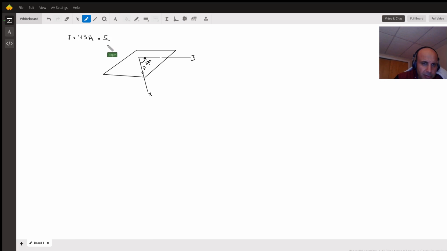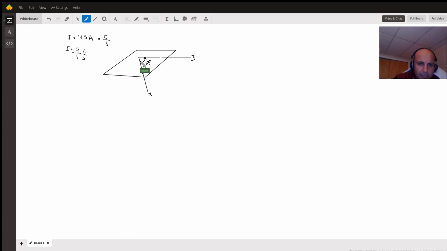Because I is equal to Q over T, and the unit of Q is coulomb, and the unit of T is second. So I is nothing but coulomb per second, or ampere. Okay, so I'll make that clear.